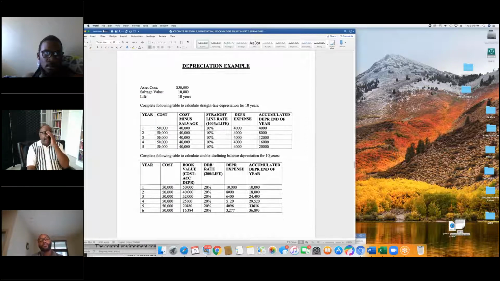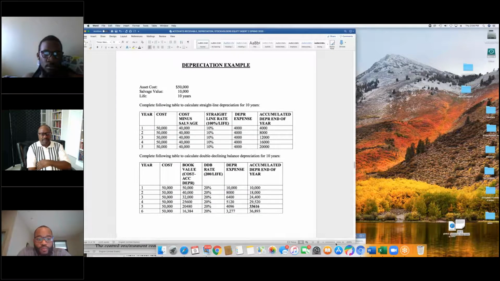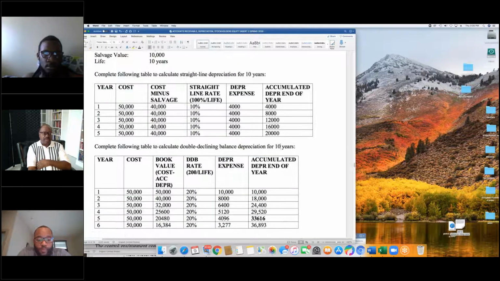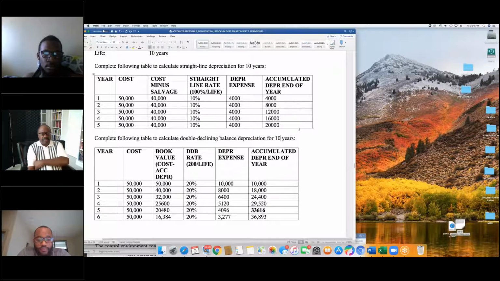When we get to the double declining balance, we divide the life into 200%. Yeah, that works out better. So the same process, sort of, except that we're not going to use the salvage.